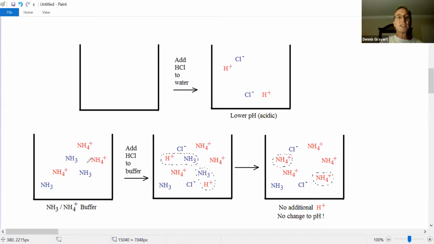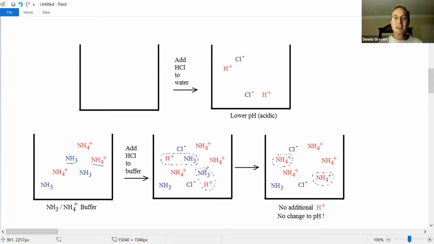However, the buffer sends its base after the H+. The buffer has a weak base and its conjugate acid. If I contaminate the system with H+, the weak base is going to attack it. Bases accept H+. So ammonia grabs H+ and turns into the ammonium ion.